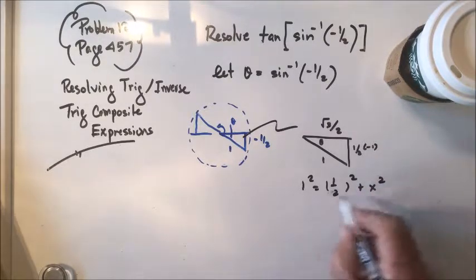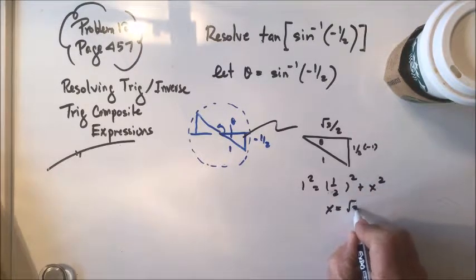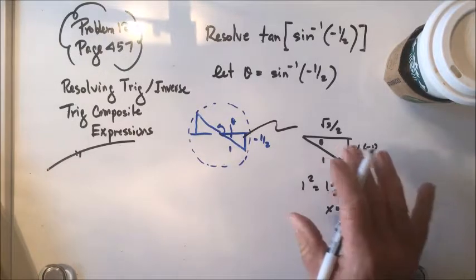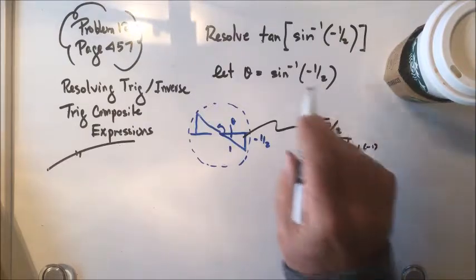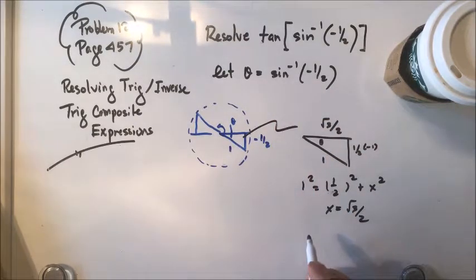And so when we solve this, we see that x is equal to √3/2. Okay, enough. So I've drawn the triangle, I've drawn theta inside that triangle. It is the triangle that contains theta whose sine is minus 1/2.